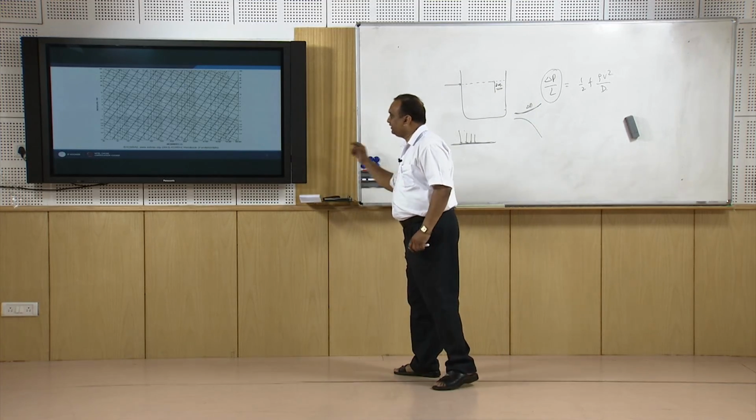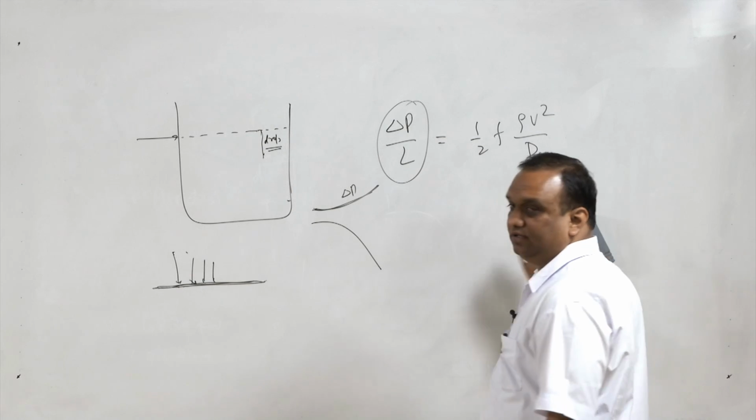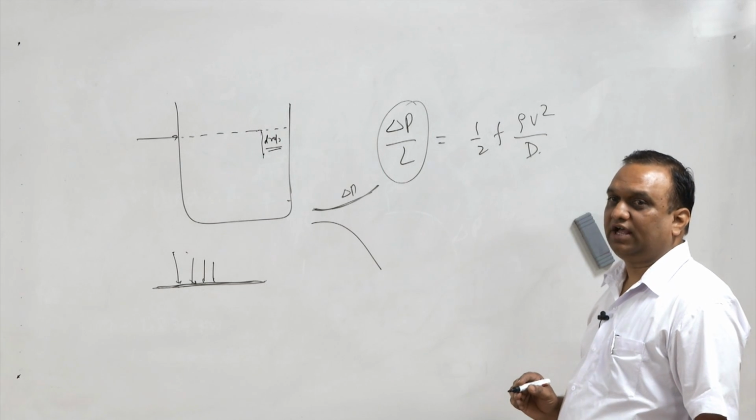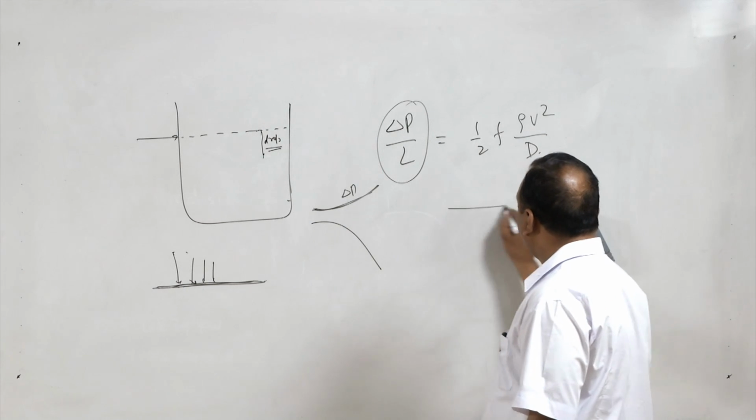Before I start the duct friction chart, I will tell you, because all the ducts are not circular. Some of the ducts are rectangular.